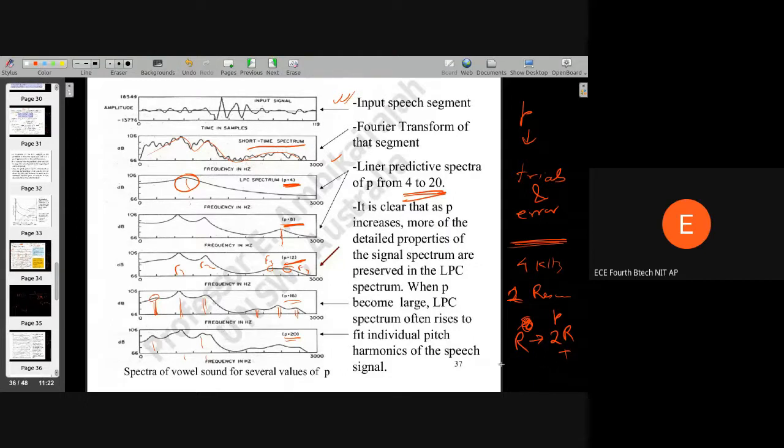Because of the spectrum, what happens is it is a decaying spectrum in case of voiced sounds, or in case of unvoiced an increasing spectrum. That means there are some real poles there. And you know what happens with real poles, we discussed. It gives an increasing and decreasing trend.